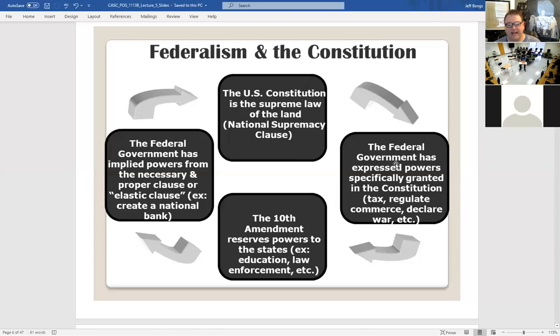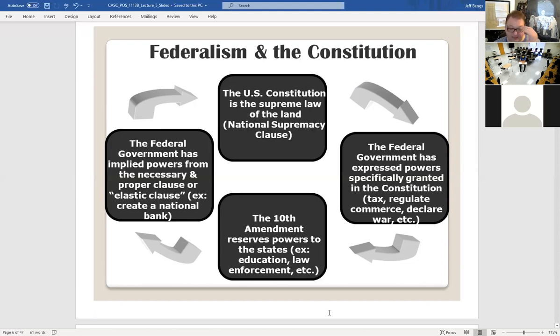Now remember, we had a Bill of Rights that was added to the Constitution. One of the primary concerns was individual liberty, but also the 10th Amendment protected state sovereignty. So the 10th Amendment makes sure that the federal government does not completely overrun the state governments.